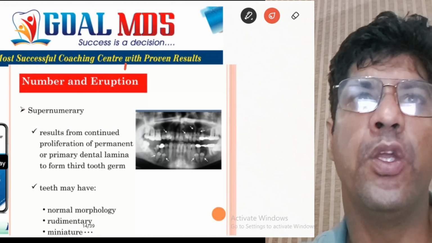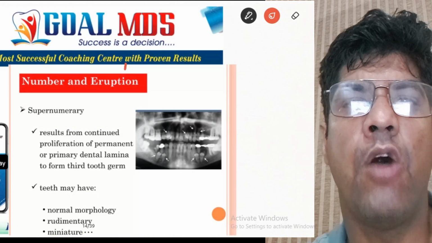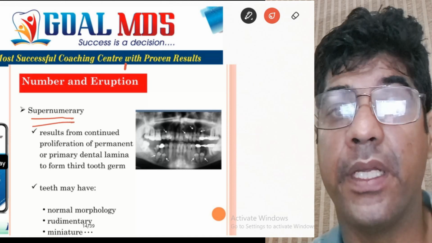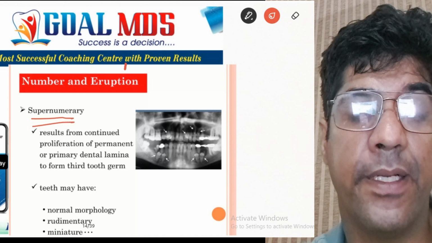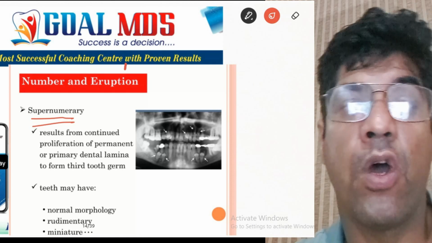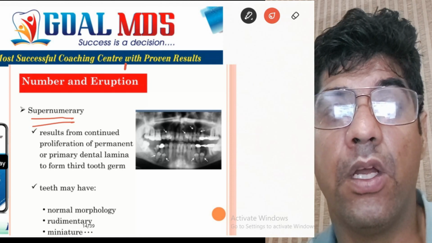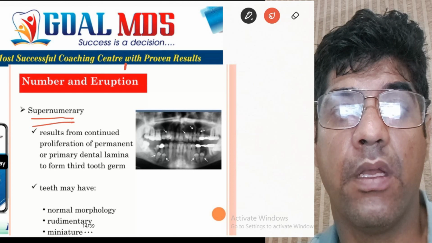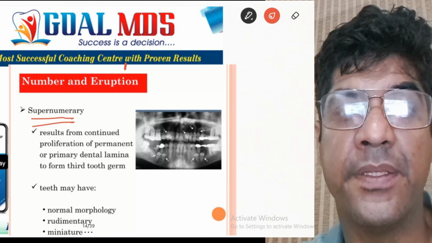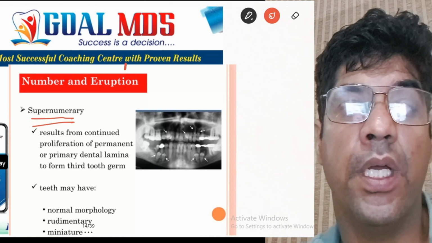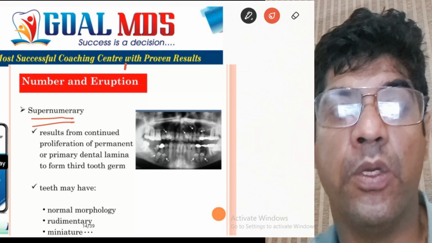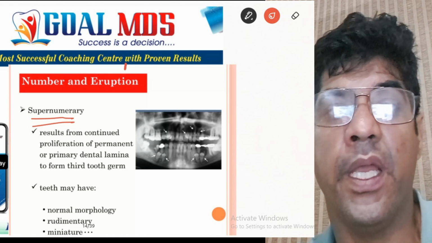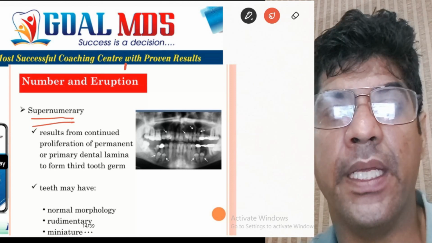Now, what are supernumerary teeth? How many teeth are present in the oral cavity? 32 teeth. So if more teeth are present in addition to the normal teeth, we call it simply supernumerary teeth.